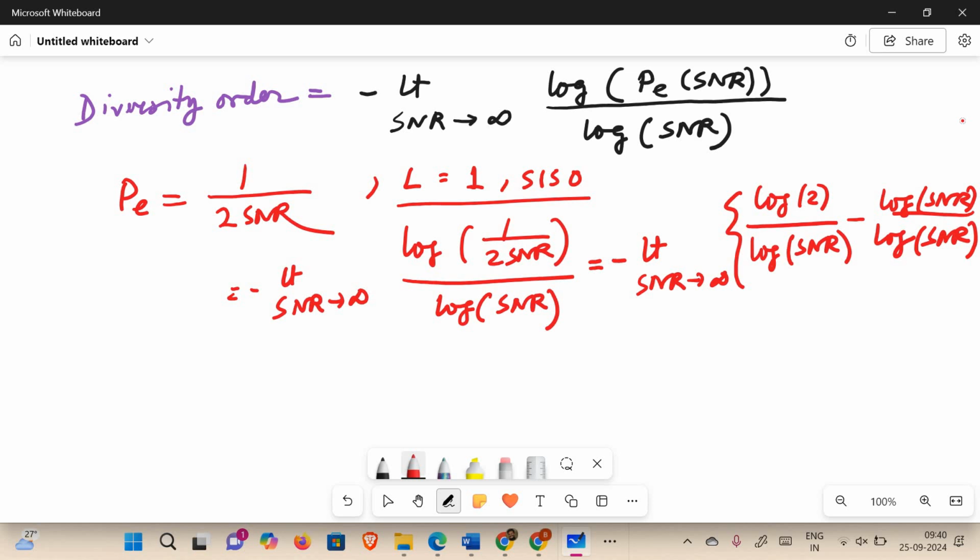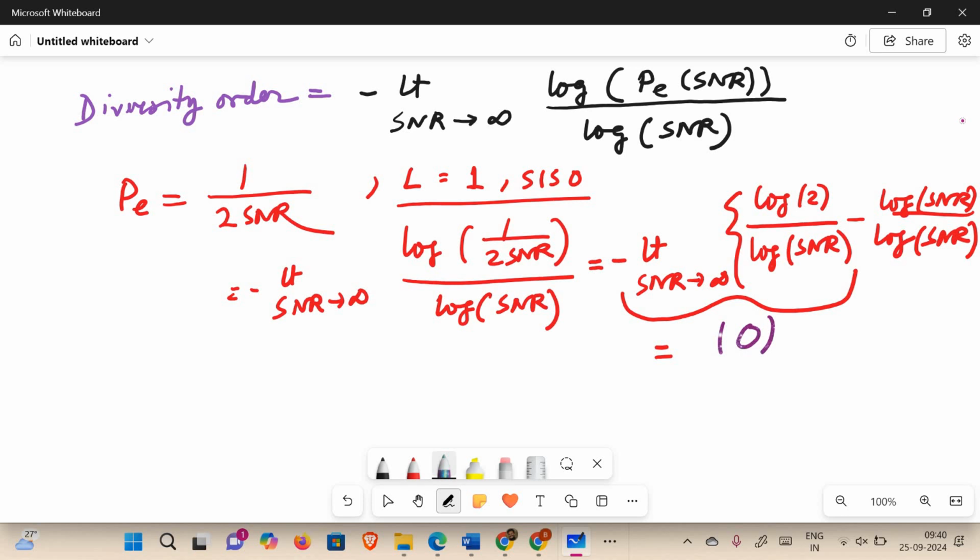Now if I take every calculation together over here, you see this part. Can anyone tell me what will be the value of this part? When SNR tends to infinity, log 2 by log SNR, what will be the value? So this will be equal to 0.